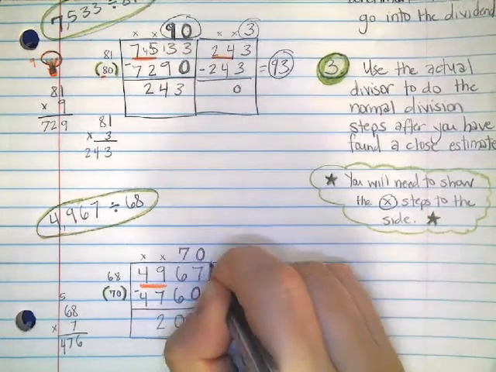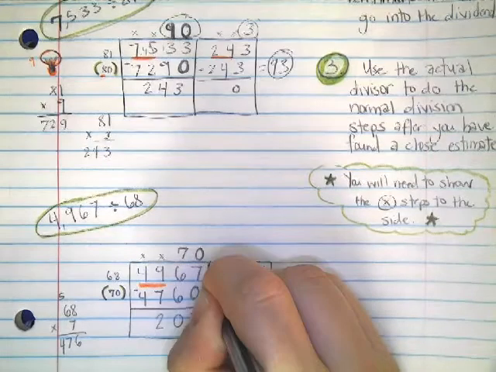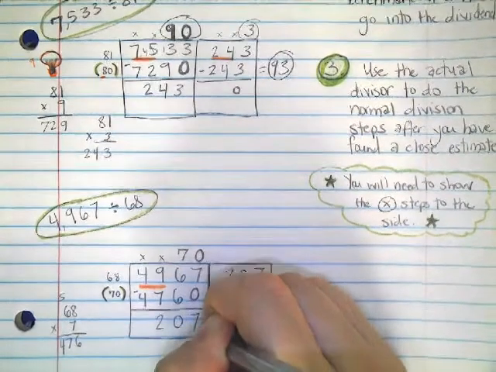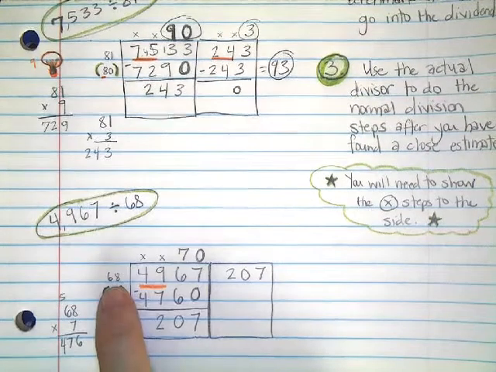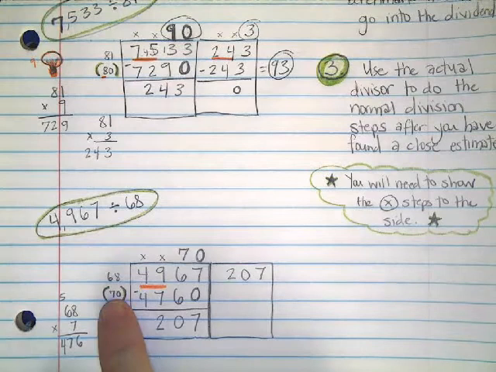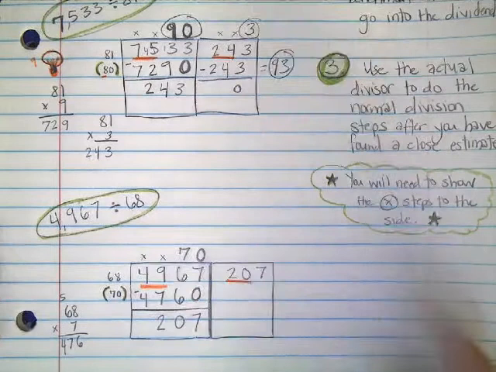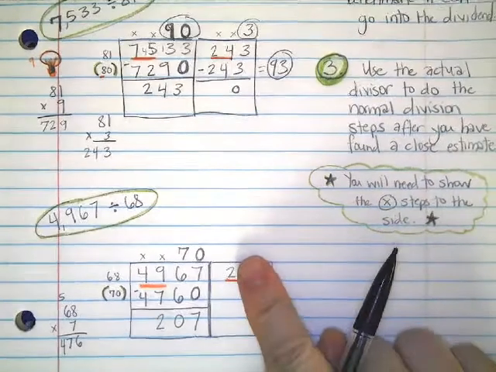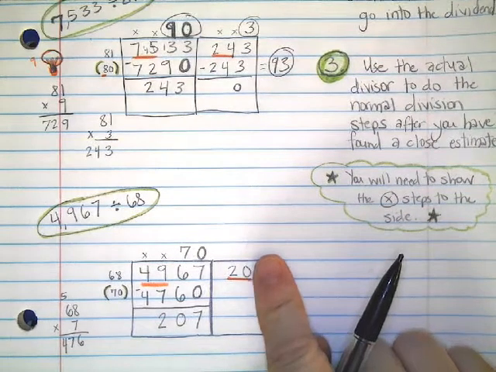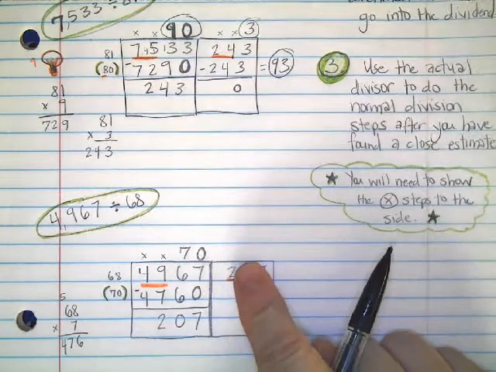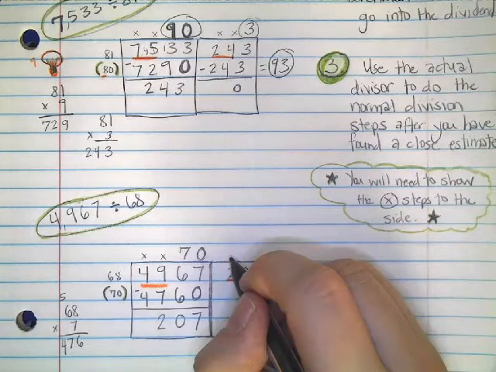And then you bring your leftovers into the next box. Start the process all over again. You're still dealing with 68, so let's use 70. And let's go with our number 20 right here.